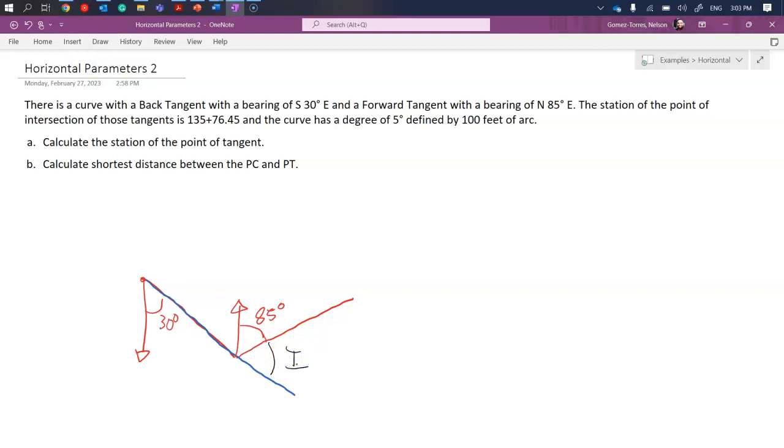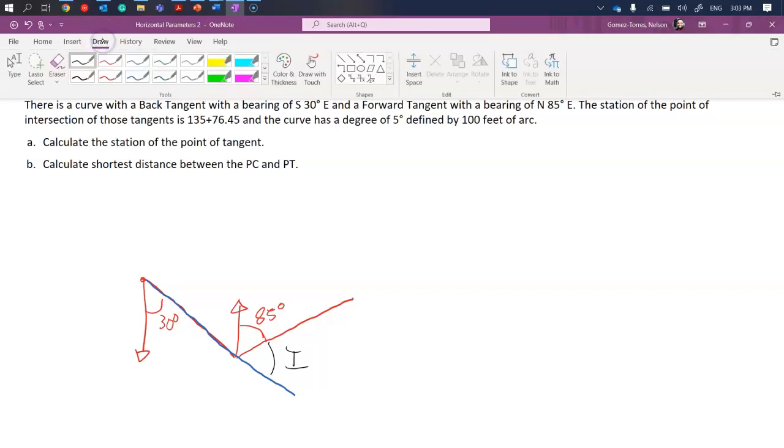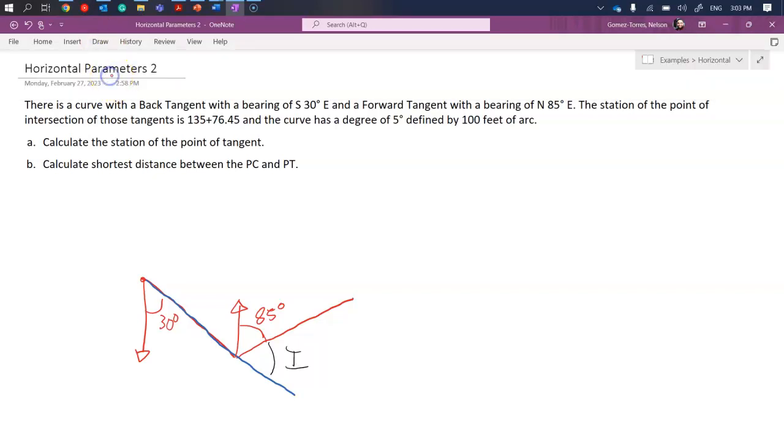To calculate that angle, I just need to understand that this here has to be 30 degrees because the blue line, that's a straight line, so it's going to be the same wherever I select.